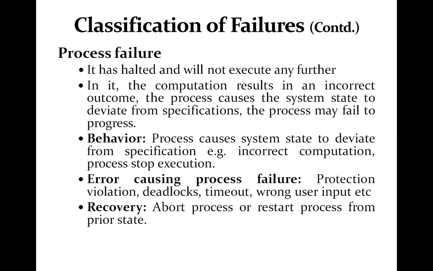Some examples of errors which cause a process to fail are deadlocks, timeout, protection violation, wrong input provided by the user, consistency violation, etc. There are many things on which the error depends.